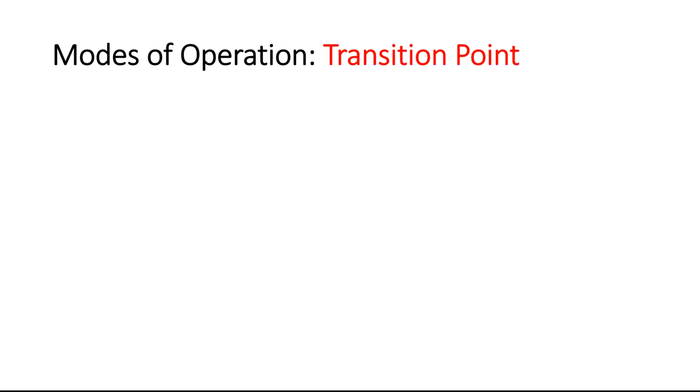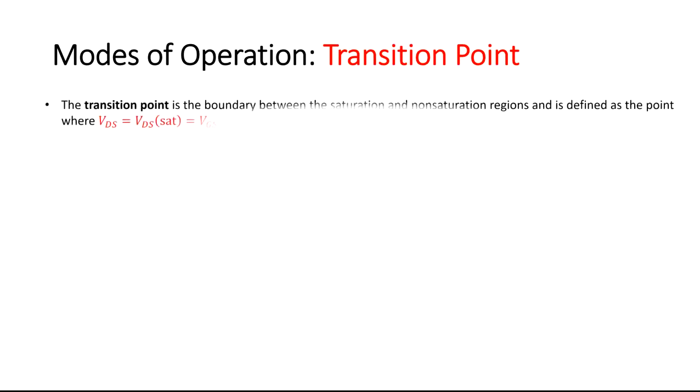For the MOSFET circuits, the transition point is the boundary between the saturation and non-saturation regions, and it is defined as the point where the drain to source voltage is equal to its saturation level. Let us evaluate the transition point of the given circuit.